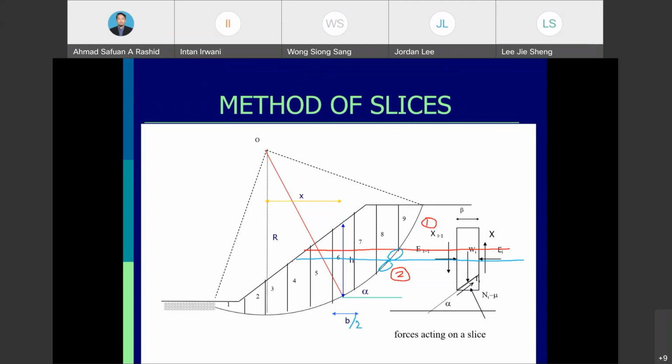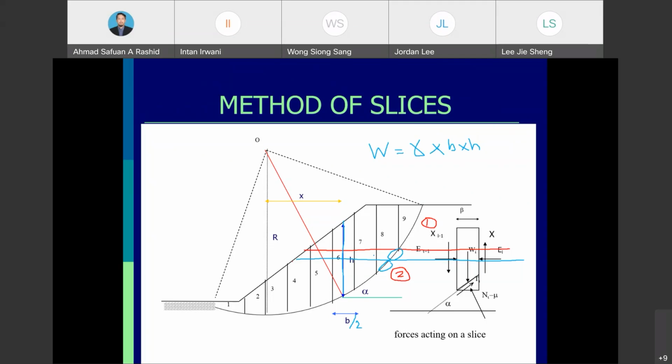So then we draw a center line. This center line represents the H. Why is this very important? Because when we want to determine the weight of the slice, we need to multiply the unit weight with B and also with H. We may use the average H, which is the center of the slice.